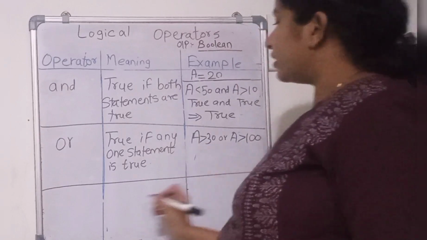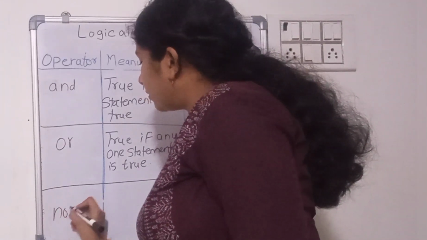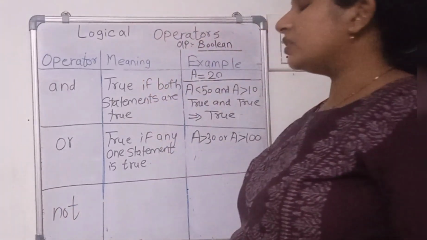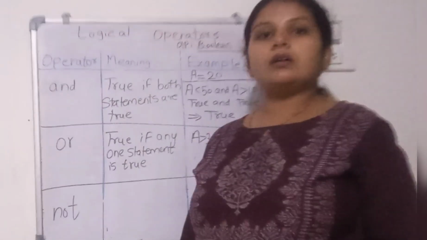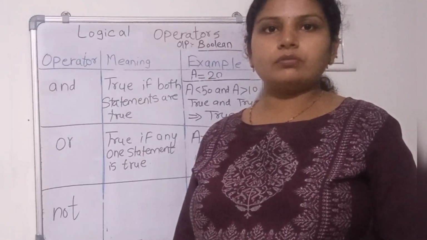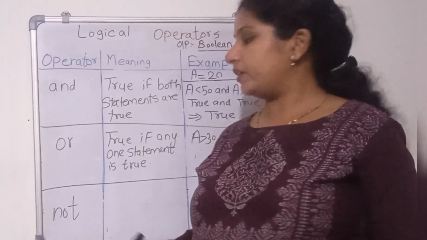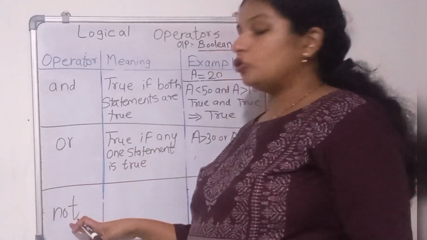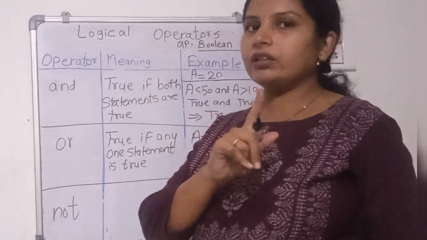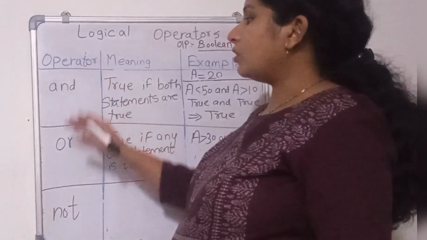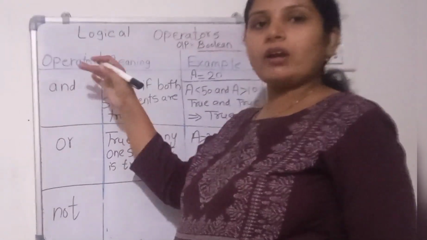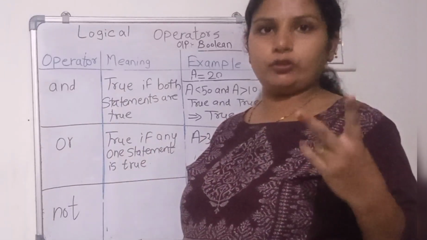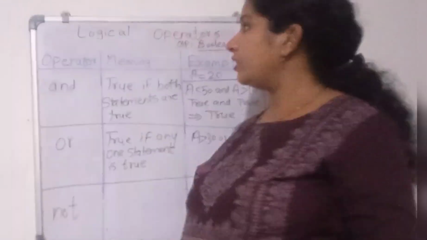In that case we are going with the OR operator. Our next operator is the NOT operator. Now this NOT operator is for unary values, a unary operator, because we can use this NOT operator on any one value. Not like and, or, because for and, or we need two values to compare, right?